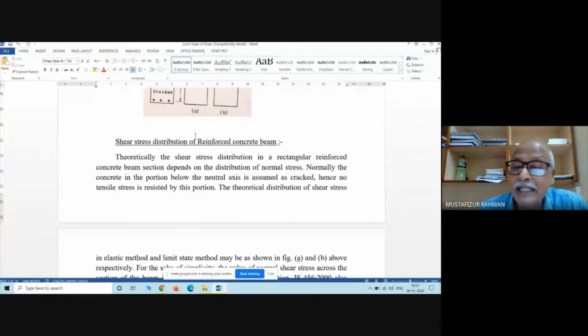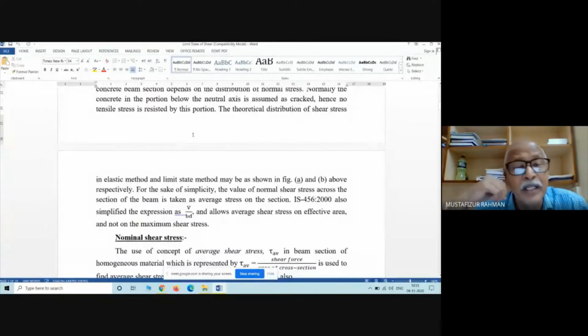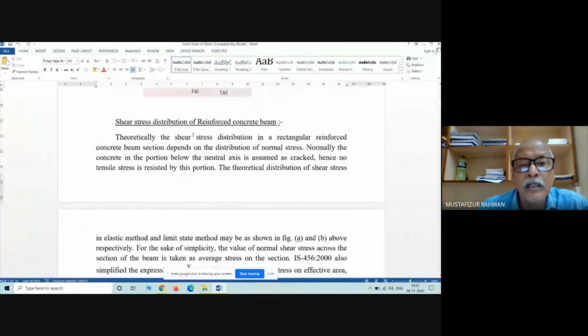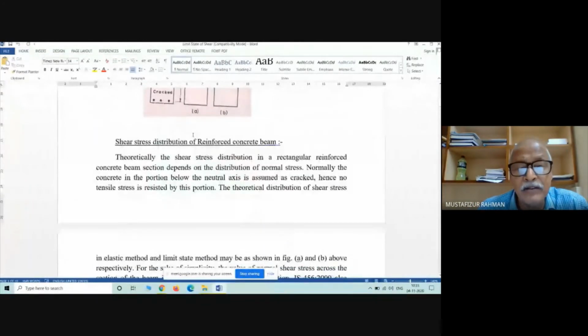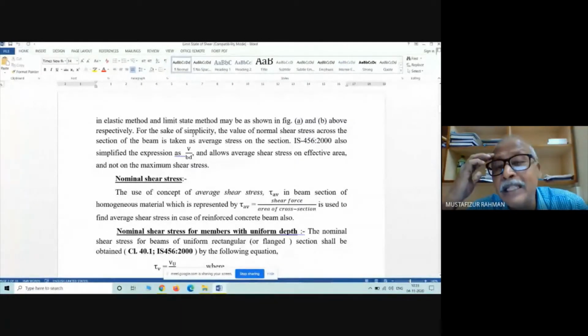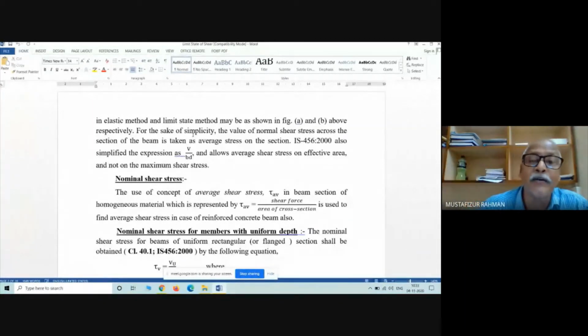The theoretical distribution of shear stress in the elastic and limit methods may be as shown in figures A and B above, respectively. For the sake of simplicity, the value of the nominal shear stress is taken as P by BD.